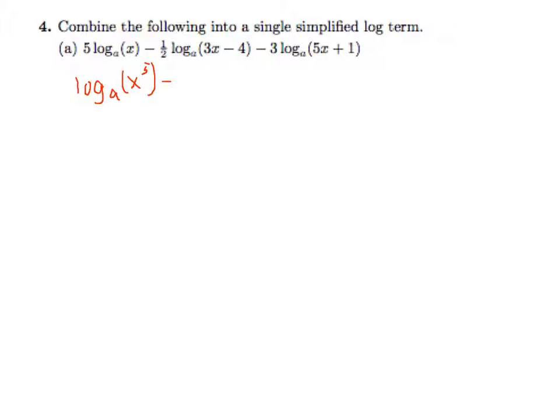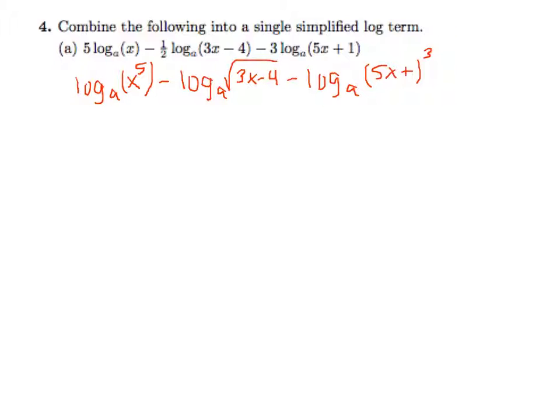minus, let's rewrite this, x to the 5th, minus that 1/2 will be a square root. So minus log base a of the square root of 3x minus 4. And then minus our log base a of 5x plus 1, and that's cubed from the 3 in front of the log base a.